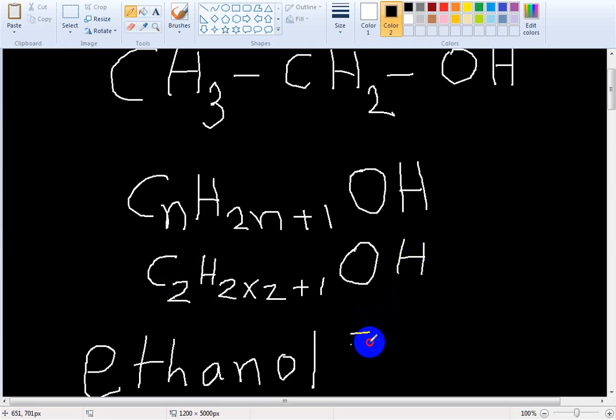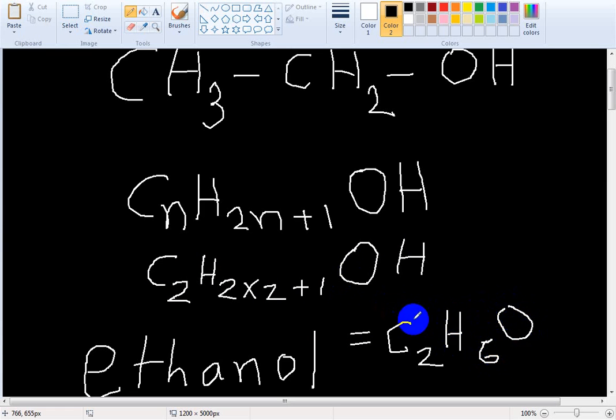Now I calculate this. Carbon is 2, and how many hydrogens? 2 into 2 is 4, plus 1 is 5, and here is another 1, so 6 hydrogens and 1 oxygen.